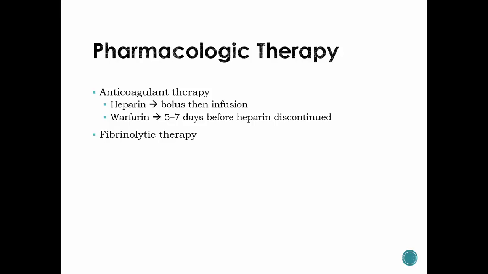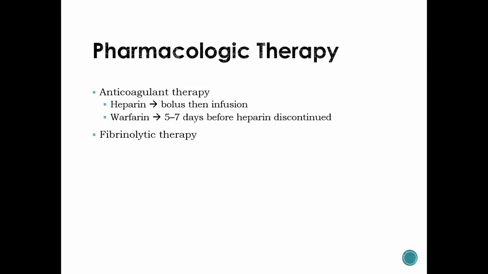A lot of times they'll start the warfarin at the same time as the heparin, because it does take about 5 to 7 days for the warfarin to be therapeutic and fully effective in the body. They'll be checking your PT and INR levels for that, and once they get therapeutic and where they're supposed to be, then they will discontinue the heparin drip.